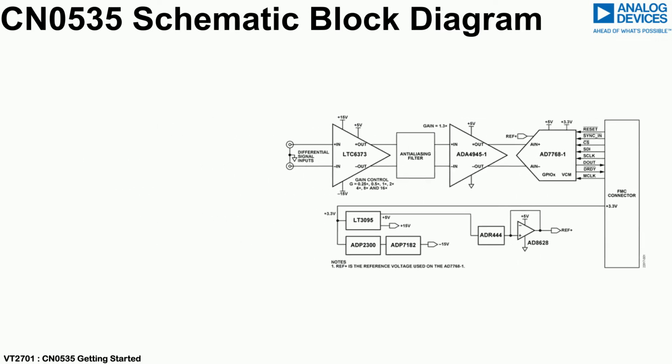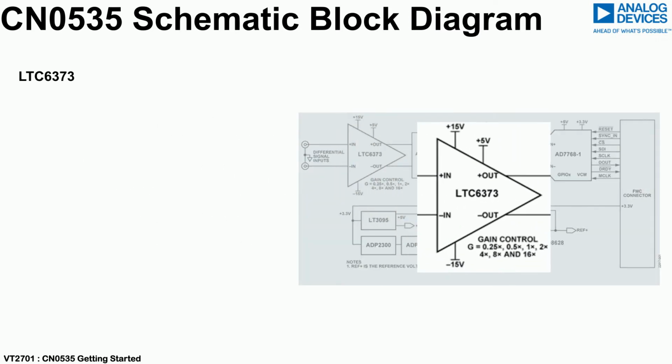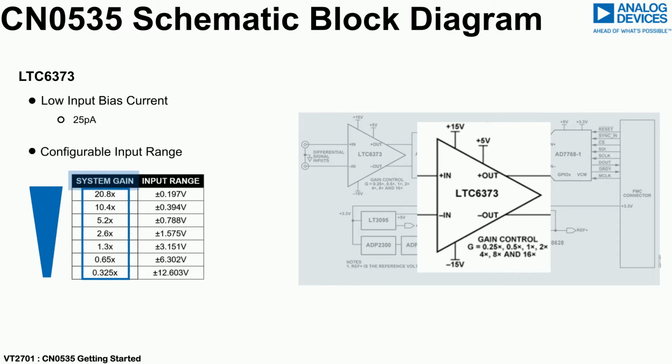The CN0535 uses the LTC6373 programmable gain instrumentation amplifier, which has a low input bias current enabling direct sensor connection as well as easing the sensor drive requirements. LTC6373 can attenuate or amplify the input signal, providing a configurable full-scale input voltage range from plus-minus 0.197 volts to plus-minus 12.6 volts.